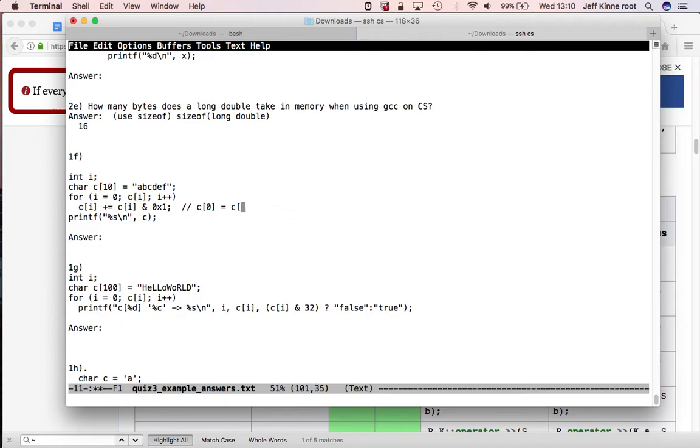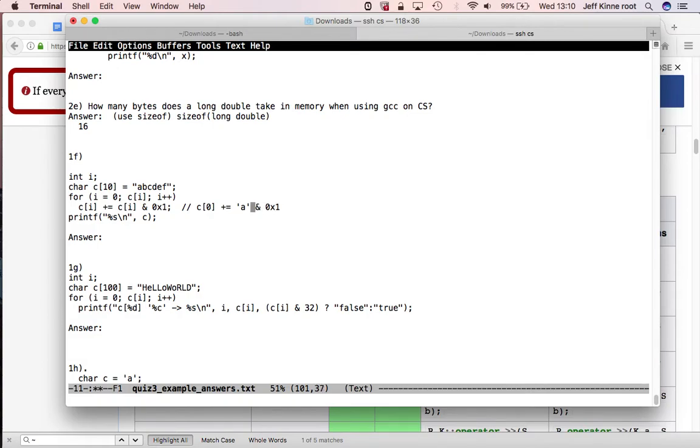Okay, so all right, well, that's not so bad. So plus equals c bracket I and 1. So that is either going to be 1 or 0. So if this is even, it's going to be 0. If this is odd, if c bracket I as an integer is odd. So if we're looking at the first letter, we have A and 0x01.